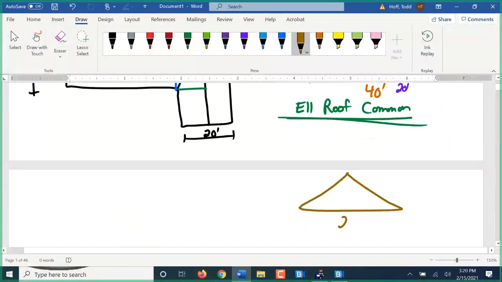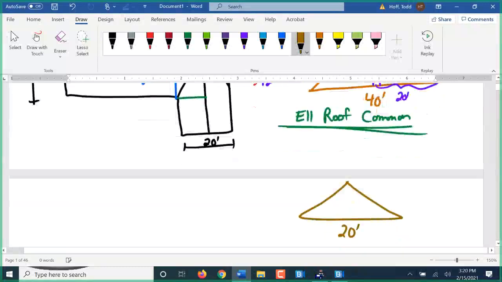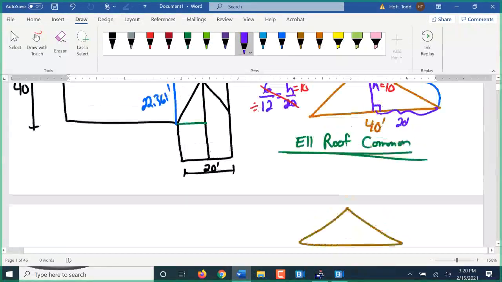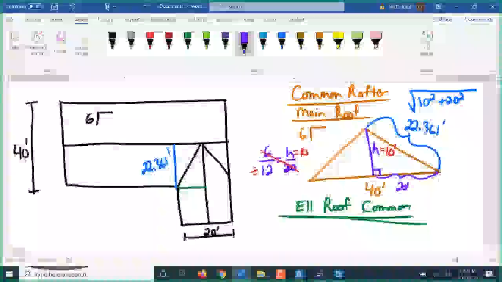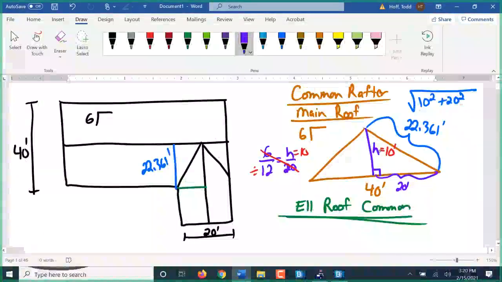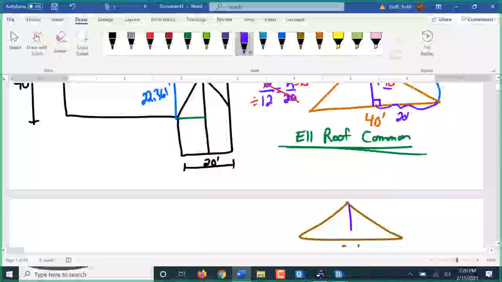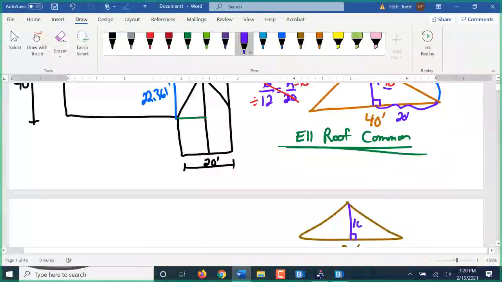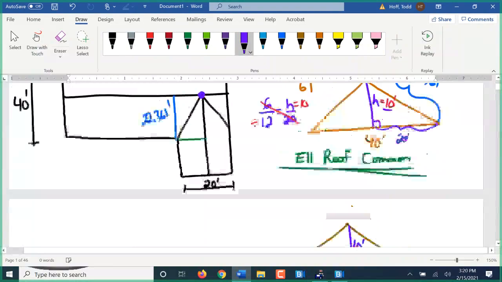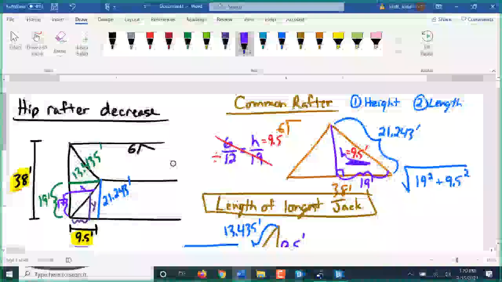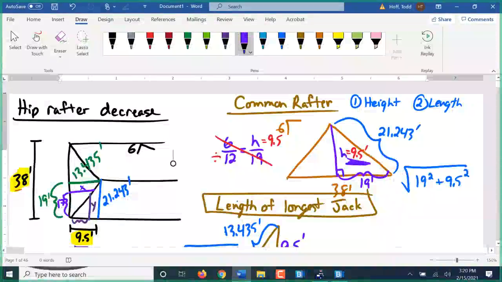I know that this has a span of 20 feet. What else do I know about it? 6/12 slope. The height. I know the height. If the peaks match here, that height has to be the same. It has to be 10 foot high. Nope, because the spans are different. Since the peaks match, they cannot be the same slope. If the peaks match, the spans have to be the same for it to be the same slope.